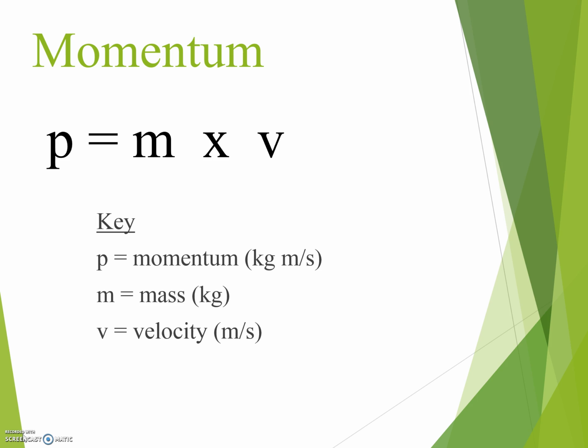But a fast car can have more momentum than a slow car because it has a higher velocity. And consider an object that's at rest. An object at rest has a velocity of 0, so it wouldn't have any momentum at all.